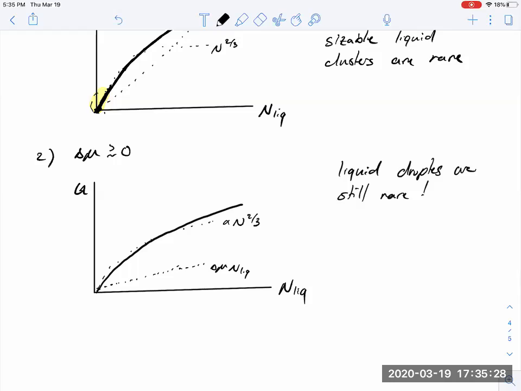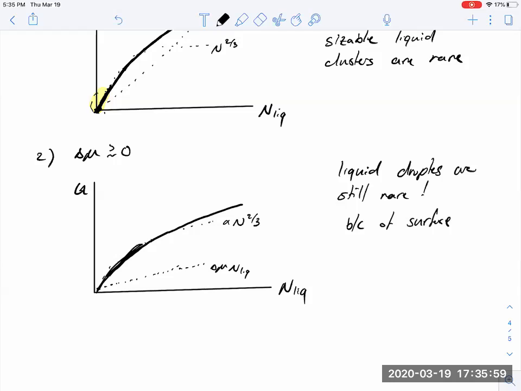And the reason for this is that the surface tension, this n to the 2/3 piece, dictates that there's a large positive change in the free energy as I start to grow that droplet in. The fact that I have to pay to form a surface, to form an interface, makes those molecules very grumpy.